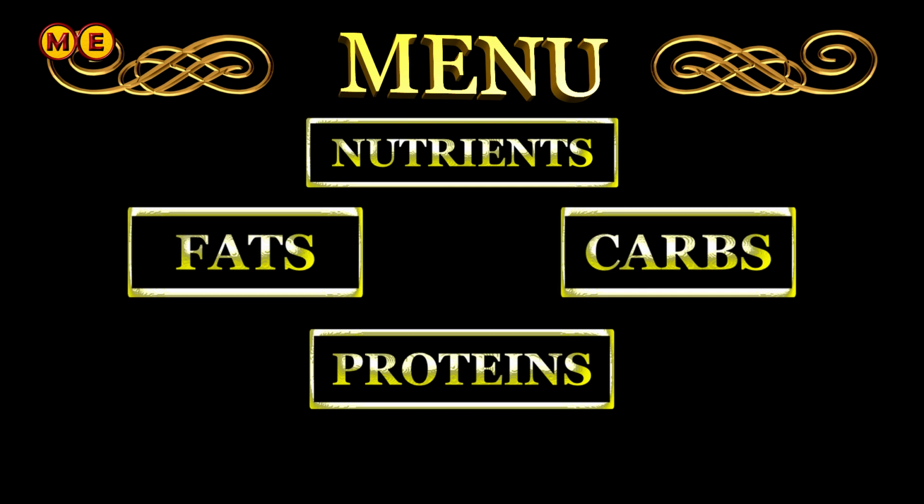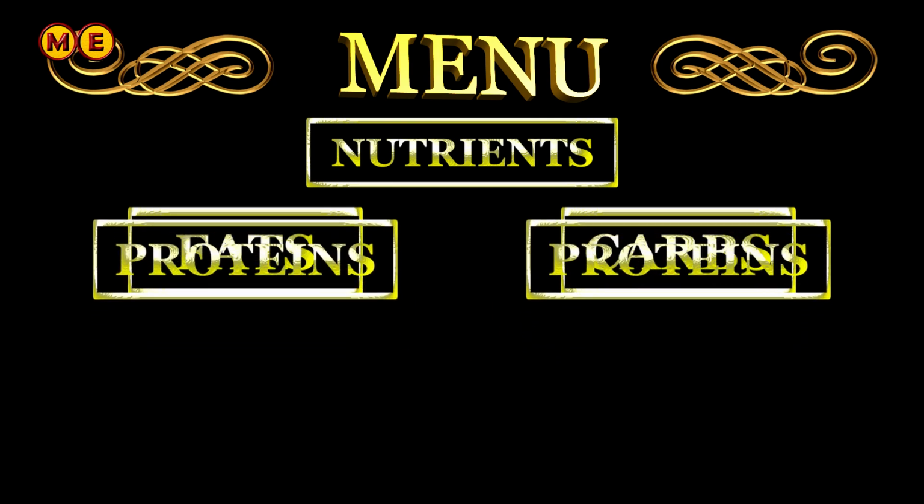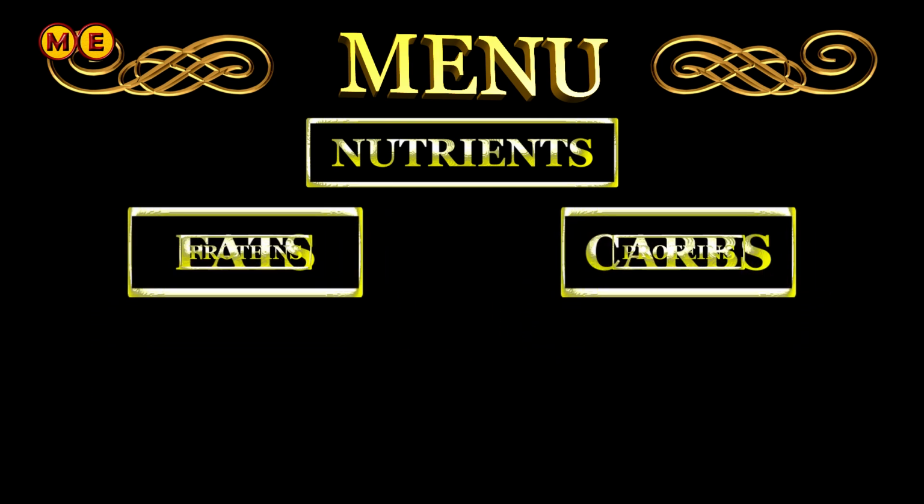In addition, to convert them into energy, we either do it the way we convert carbs, or we convert them straight into carbs or fats. So for now, we will remove them from the list by adding them both to fats and carbs at the same time. That way, we have left just our two main energy sources, fats and carbs.